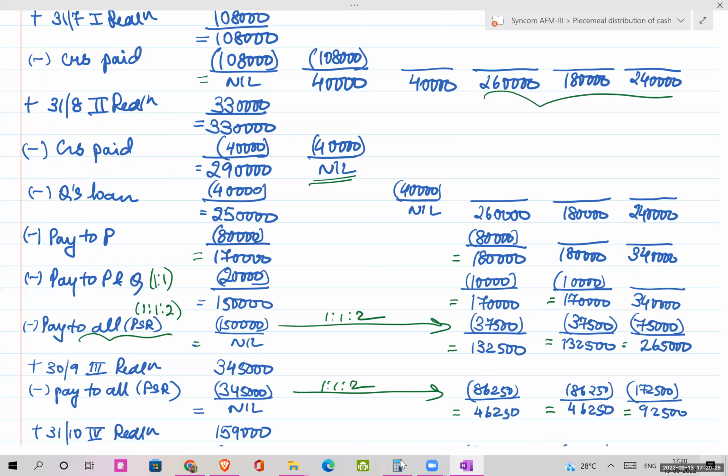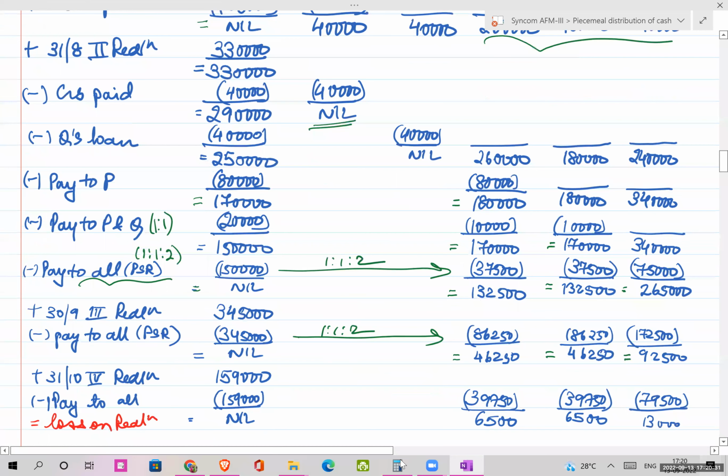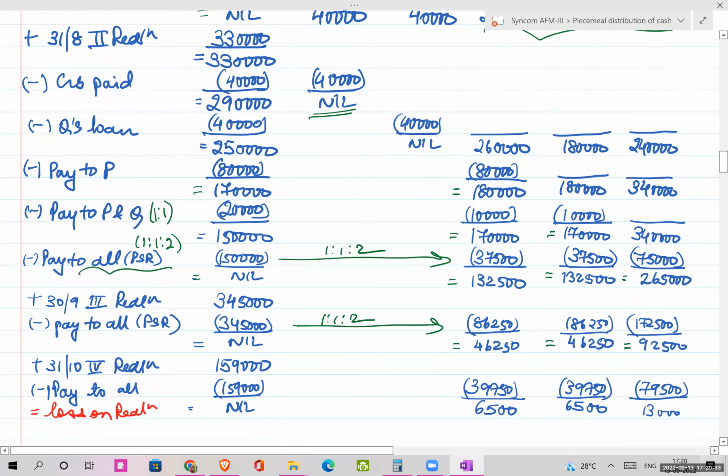You have to keep doing this until your entire realization money is finished. Okay. So fourth realization money, again pay to all in the ratio of 1:1:2. Okay. So this final, see, I have distributed all my cash now.